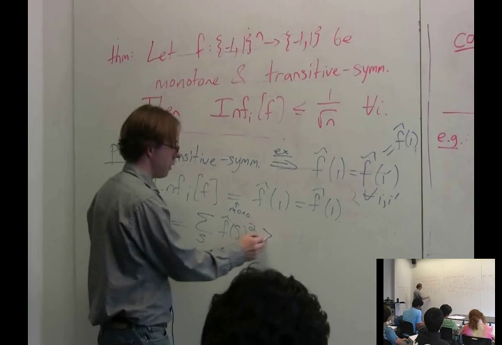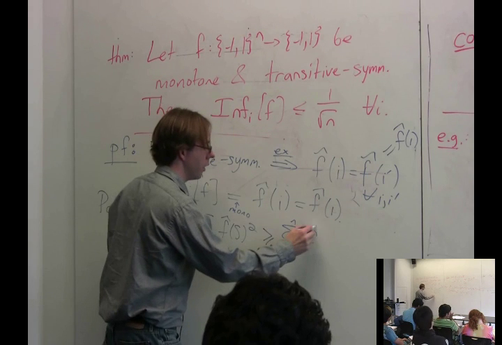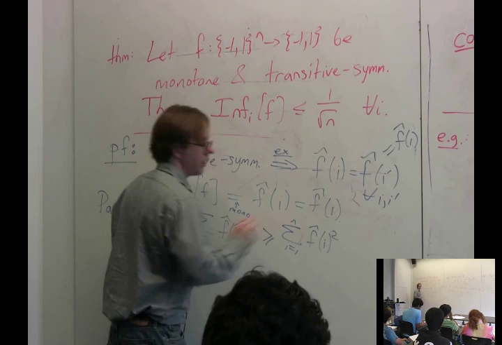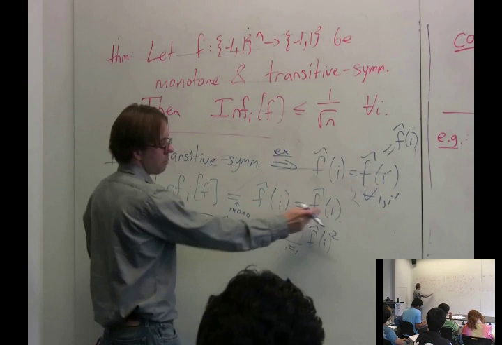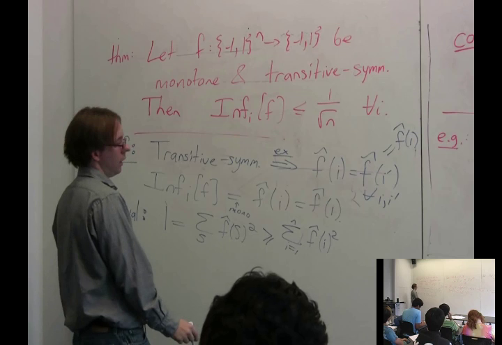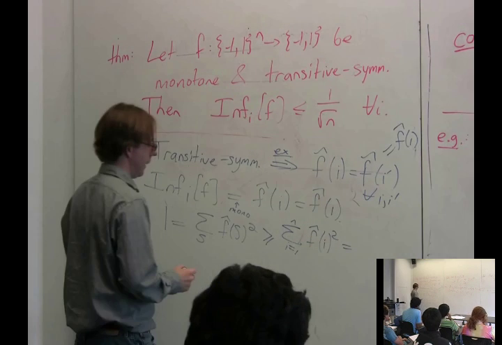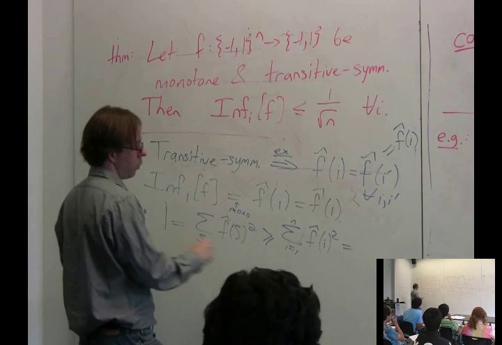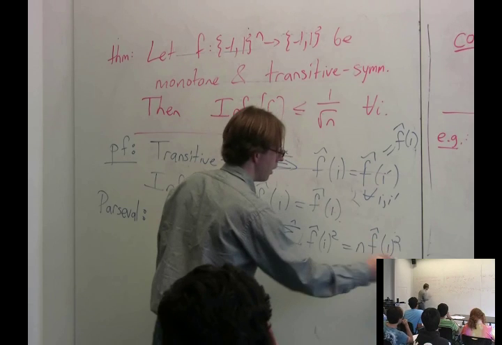So that's certainly at least the sum over all i, going from 1 to n, of the singleton Fourier coefficients squared. And these numbers are all the same. They're equal to f hat 1. So this is n times f hat 1 squared.